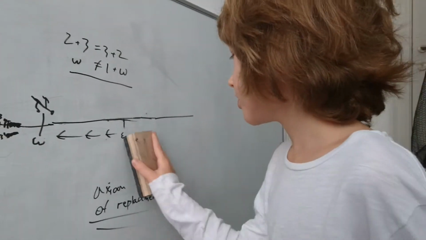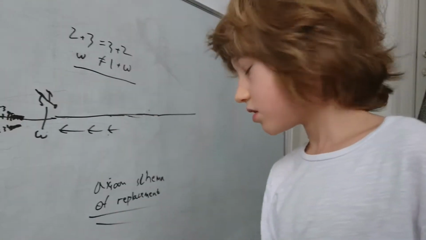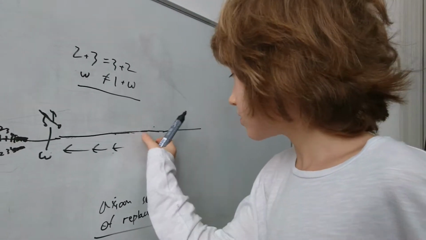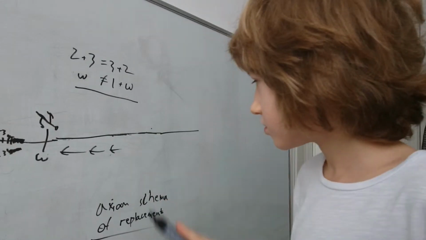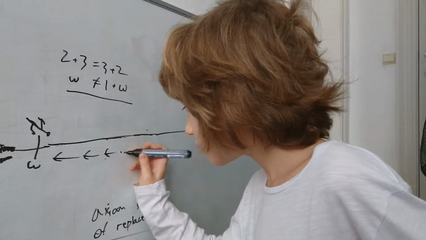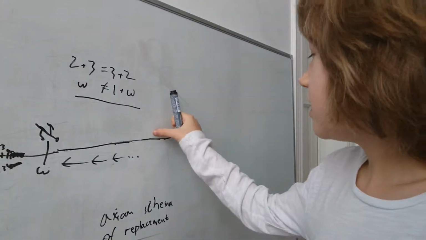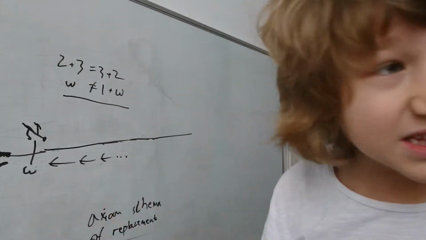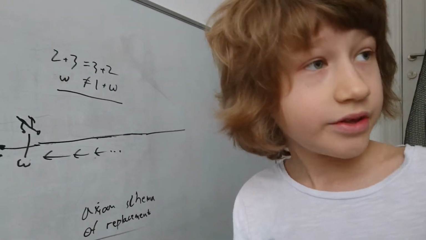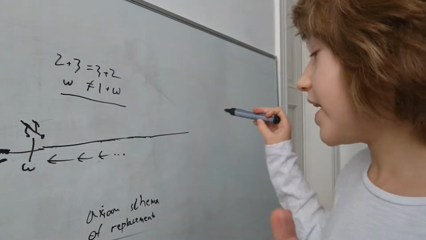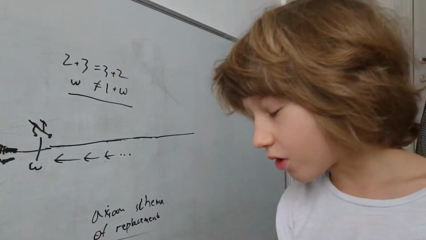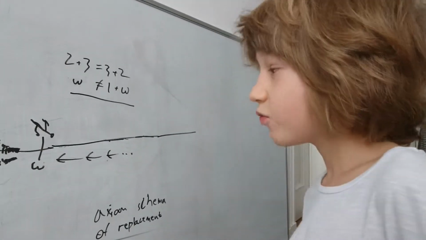Do that forever, and never get anywhere other than omega something. But now, think about all of these ordinals that we've created. What comes after all of that?